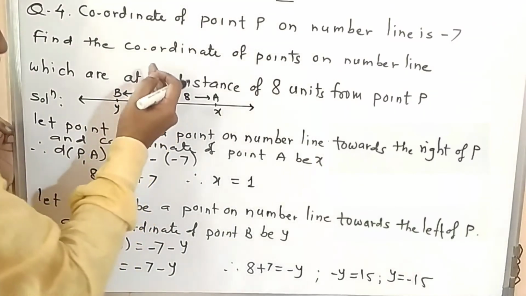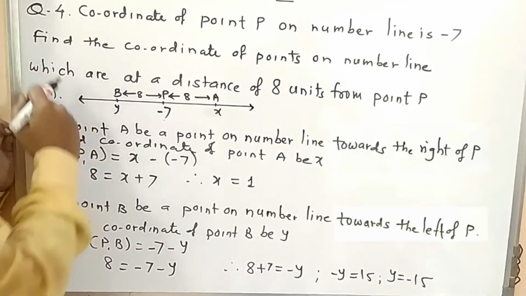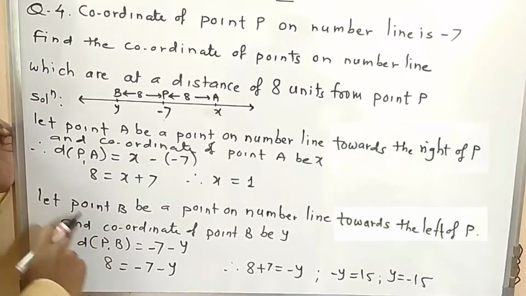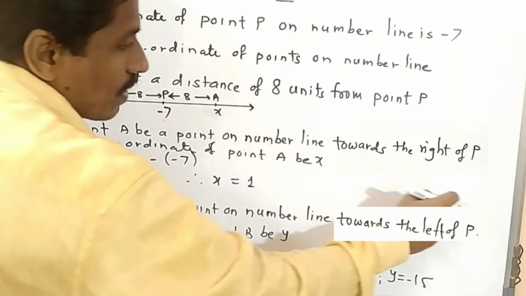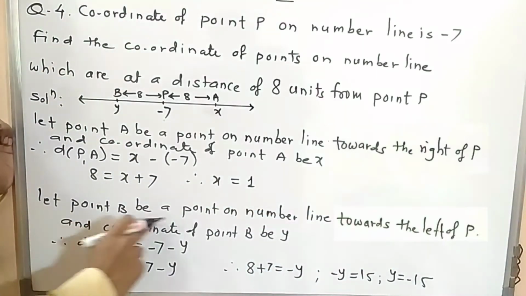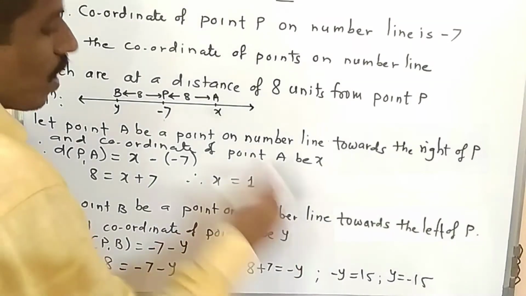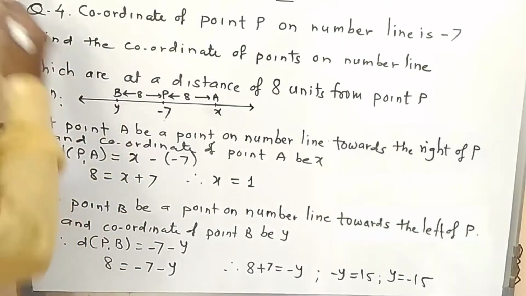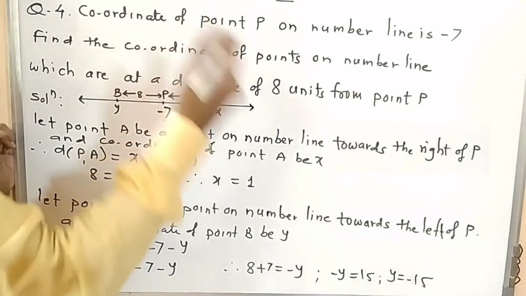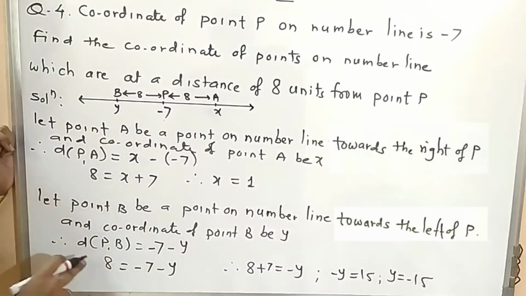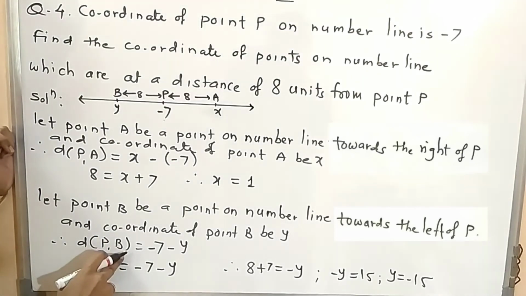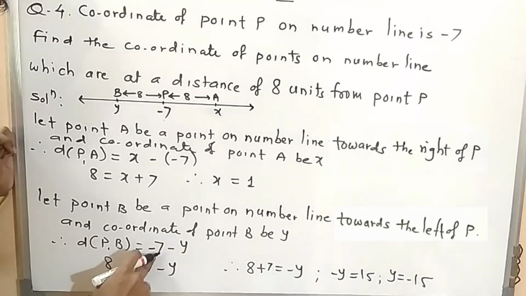Now, the point may be on the left hand side also. So let point B be a point on the number line towards the left of point P, and the coordinate of point B be y. Since y is on the left hand side and -7 is on the right hand side, definitely -7 is the greater coordinate, y is the smaller coordinate. Distance PB is equal to greater coordinate minus smaller coordinate, -7 minus y.